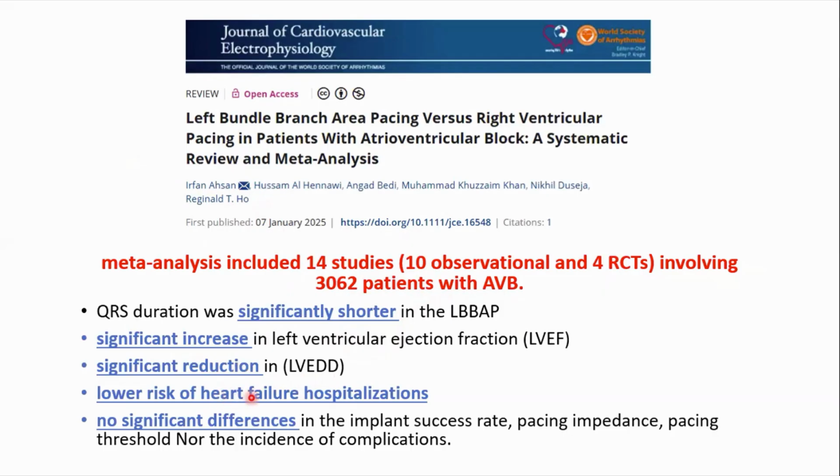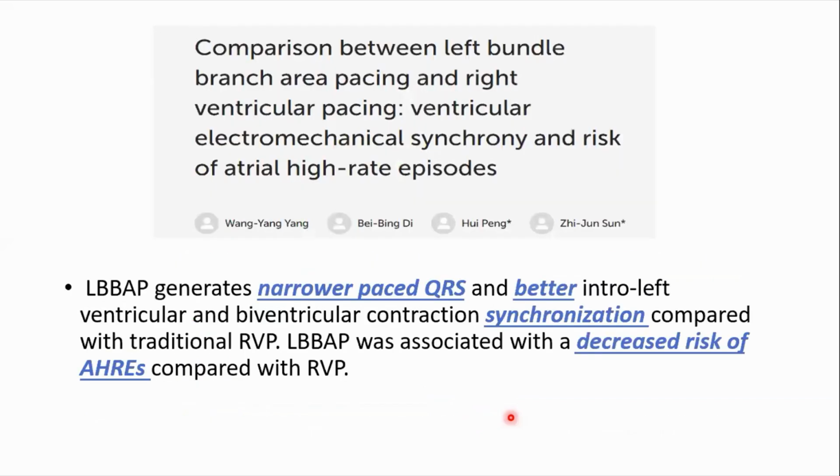There is a lower risk of heart failure hospitalization. All of this, and there was no significant difference in the implant success rates, the procedure-related complication, nor the pacing impedance, nor the pacing threshold. So it's safe and effective, and it led to excellent results by avoiding dyssynchrony.